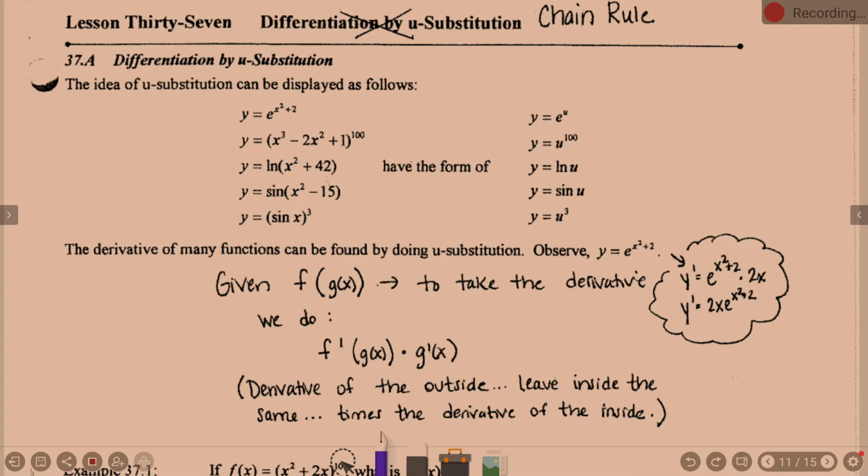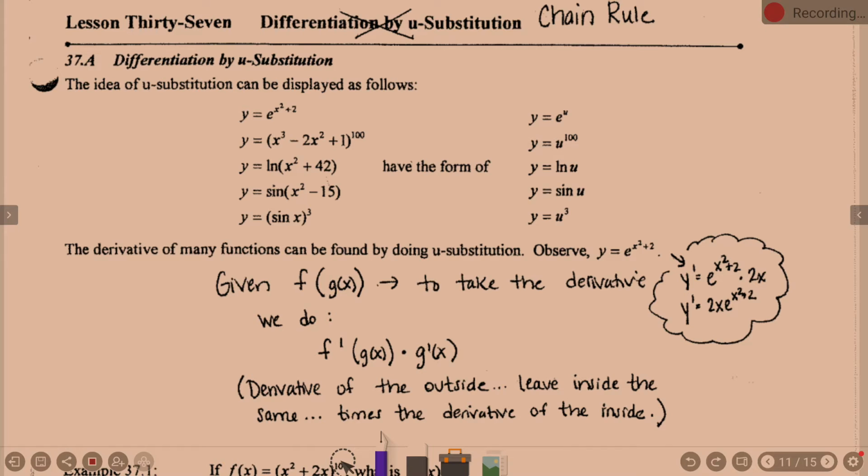In this case, when we talk about u-substitution, the idea is the more complicated part is that x squared plus 2. So if we just talk about this as e to the u, we know the derivative of e to the u, don't we? And then we can also talk about, okay, what is u? So u was in place of x squared plus 2. And we'll talk about, okay, what's the derivative of x squared plus 2?